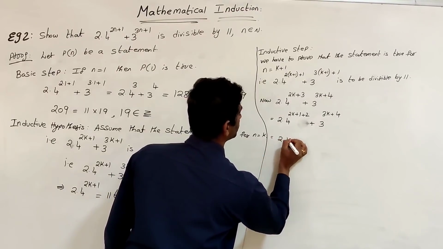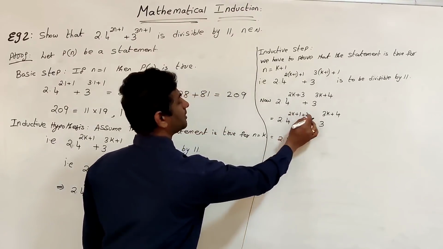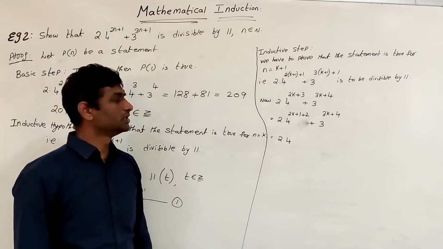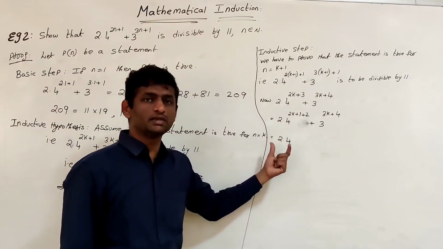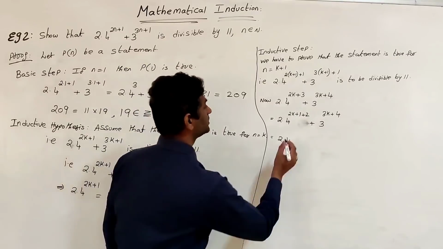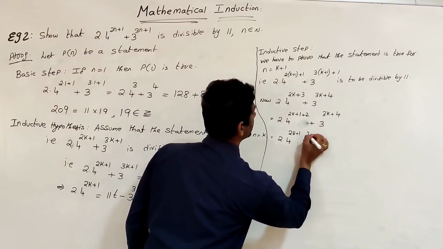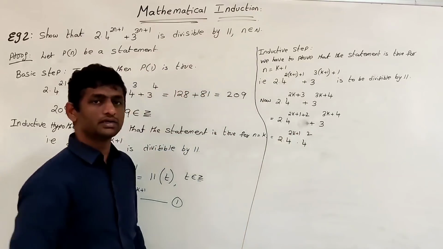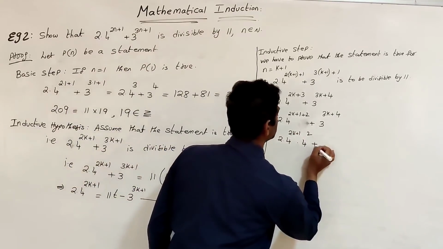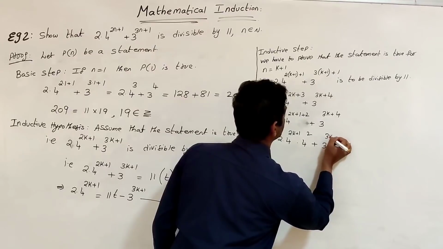As in the powers it is sum of two numbers, we can separate by using the expansion, that is 2 into 4 to the power of 2k plus 1 into 4 square, bases are same, powers will be added, plus 3 to the power of 3k plus 4.